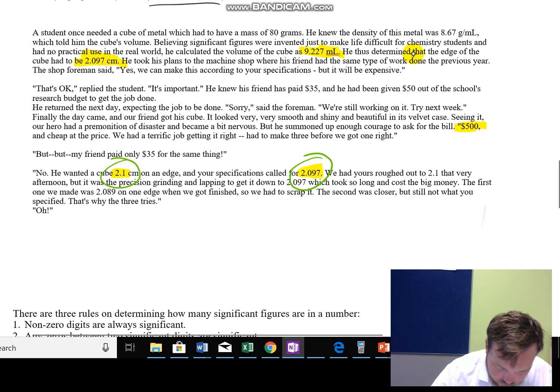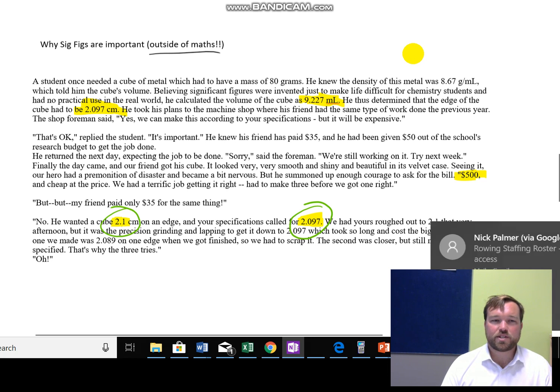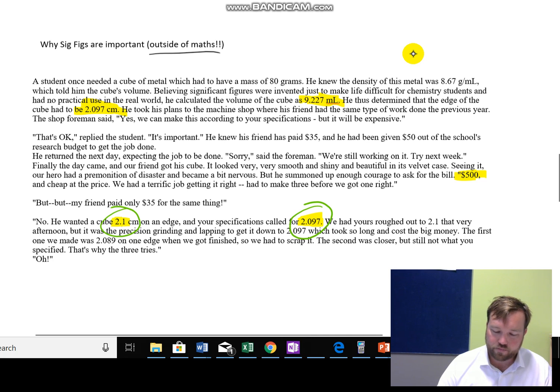Okay, so there are rules determining the number of significant figures, and you may get a question asking for an answer to a certain number of significant figures.